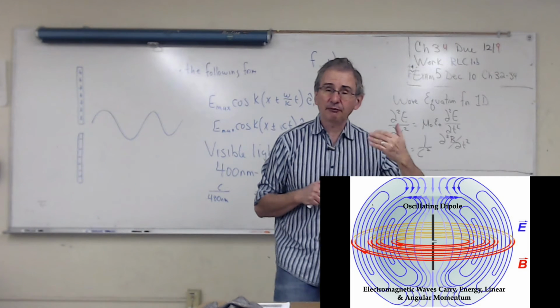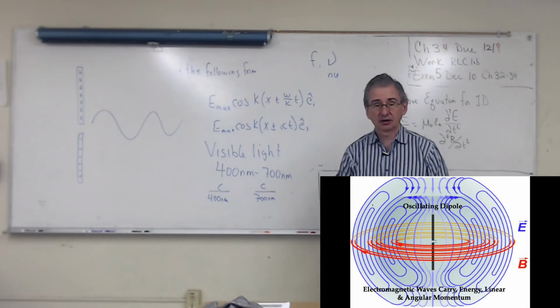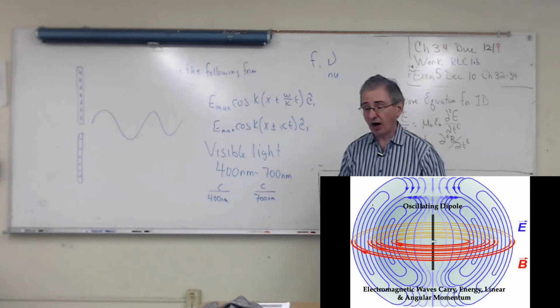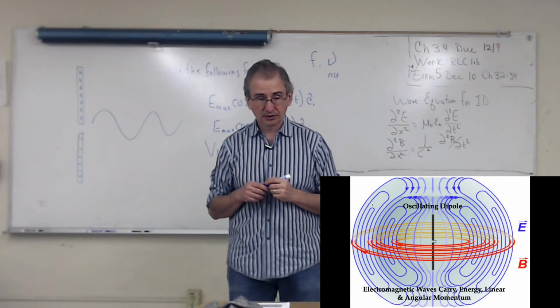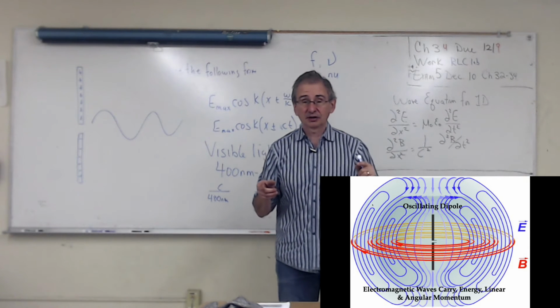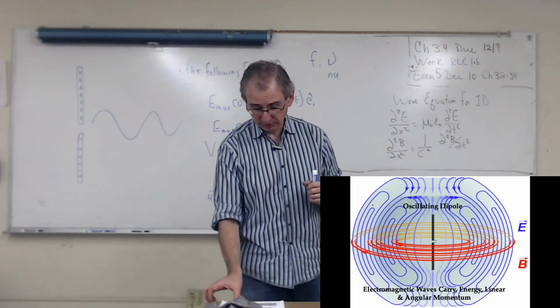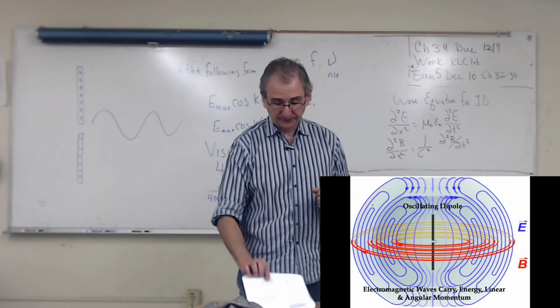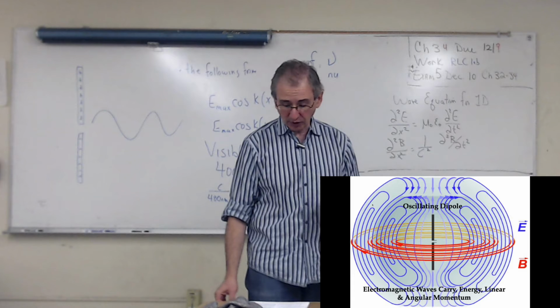But once you get further than 10 wavelengths from the source, what's called the far field regime, then the electromagnetic waves feed off each other because of Faraday's law. The amplitude decreases as 1 over r.